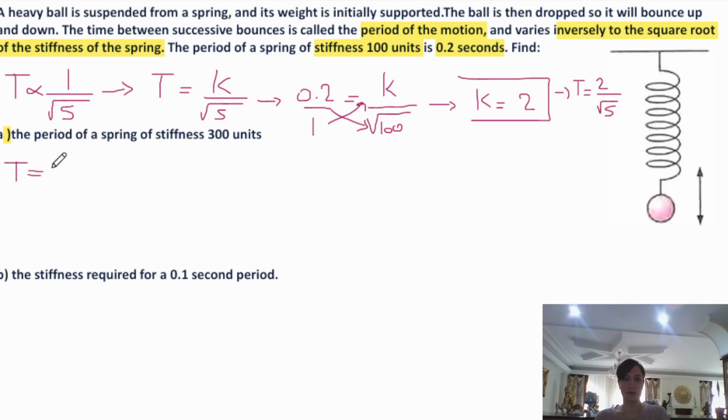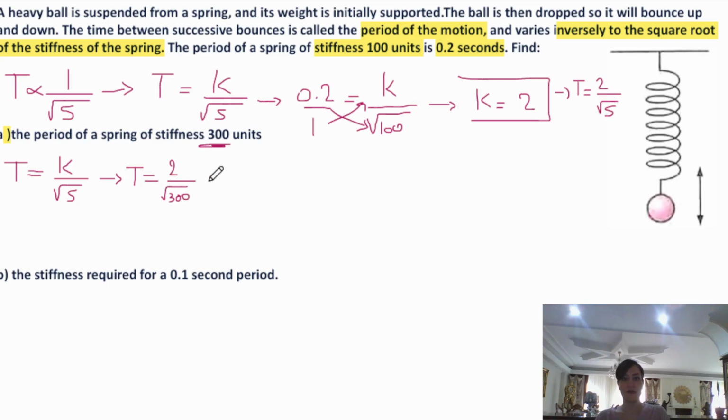As I said, I write the formula T equals K over the square root of S, and I know K is 2. Stiffness here is 300, so I write the square root of 300.